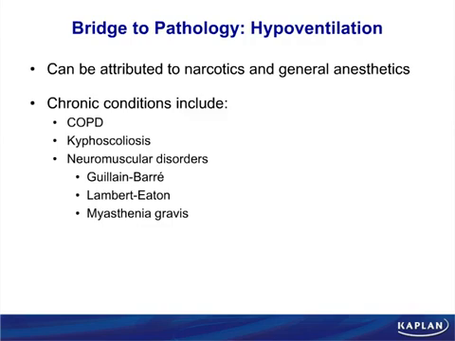Kyphoscoliosis, remember, would be like a chest restriction, difficult to expand the chest, so that would be a restrictive type disease. And COPD patients are well known to be chronic CO2 retainers. They have a reduced CO2 drive to breathe, so they hypoventilate. So one cause of hypoxemia, low alveolar PO2, can be caused by hypoventilation.